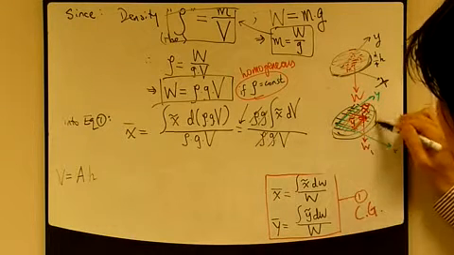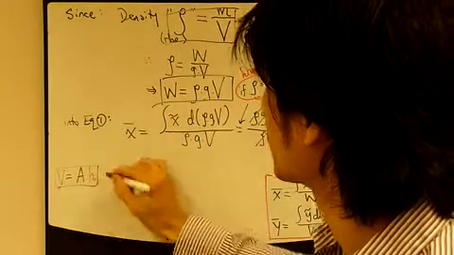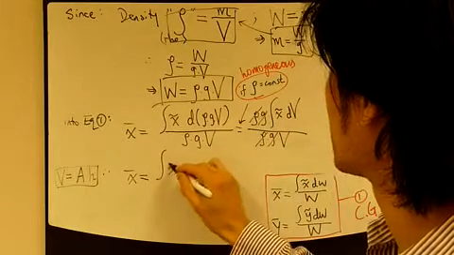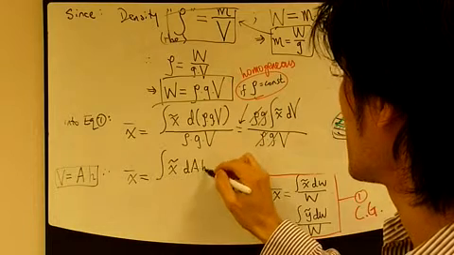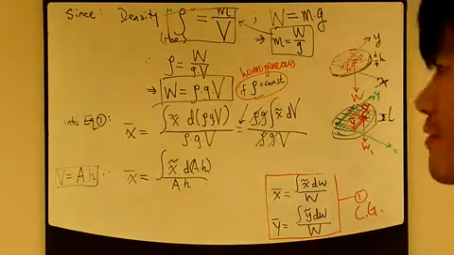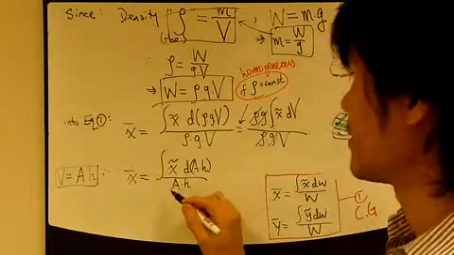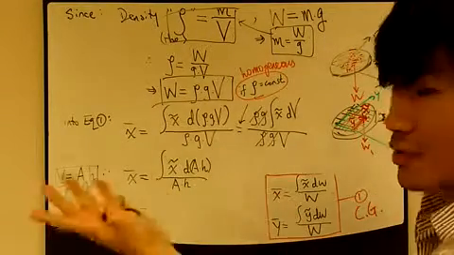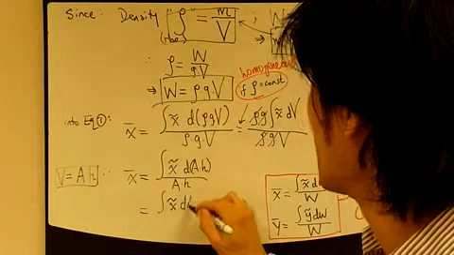So x bar now can be reduced to, dv now becomes dA times h, and volume is A times h. Same thing here, h is constant, the same tiny little thickness. So we take h out and cancel it out. Therefore, what you're left with is simply this.